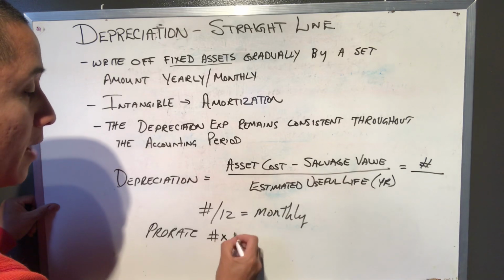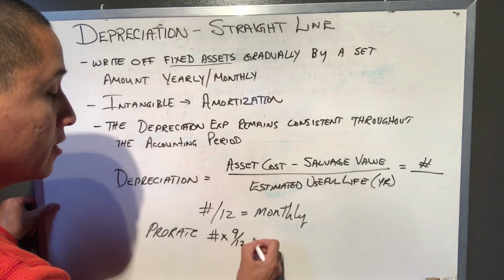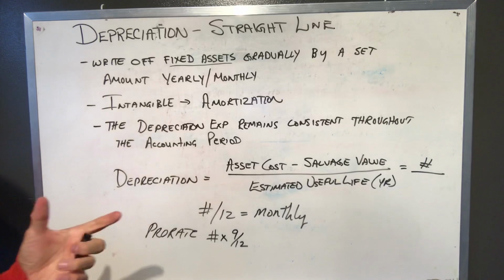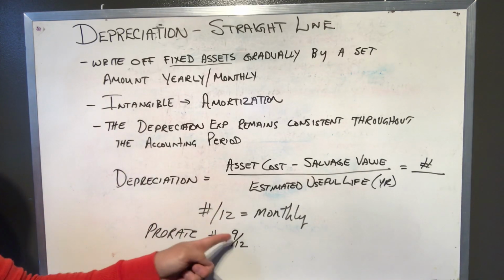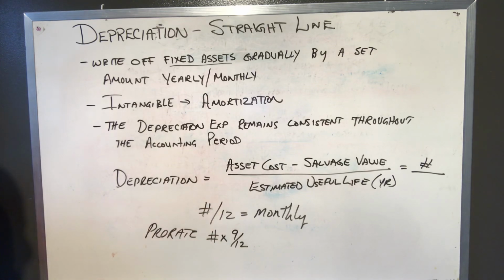So you would multiply that by 9 out of 12 to give you your depreciation for that part of the year, the 9 months out of 12 that you had the asset. Relative to other depreciation methods such as the declining balance or double declining balance, as we mentioned, this one is more consistent. Therefore, there are going to be fewer errors that can be made.